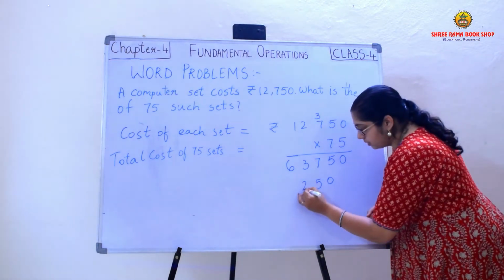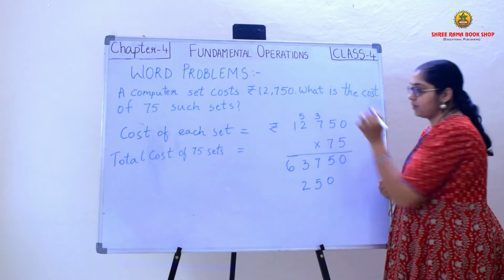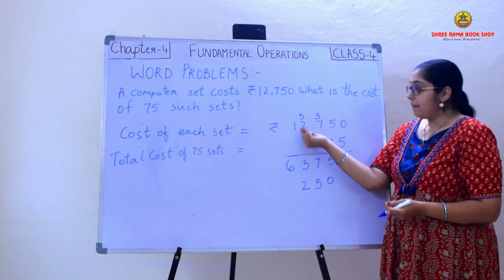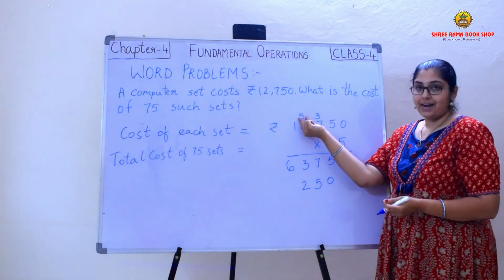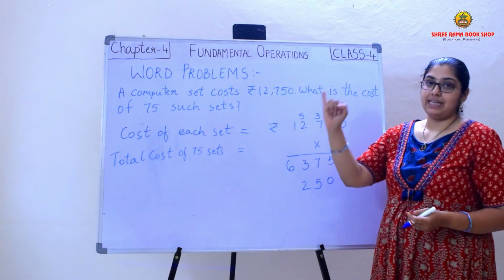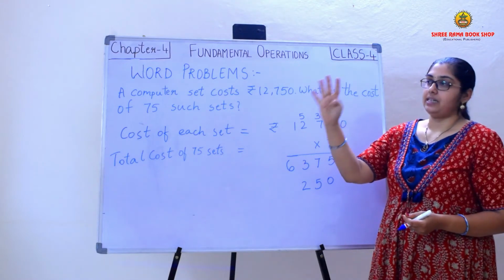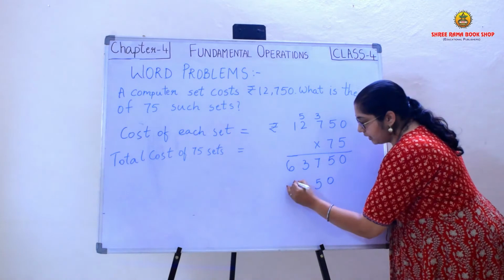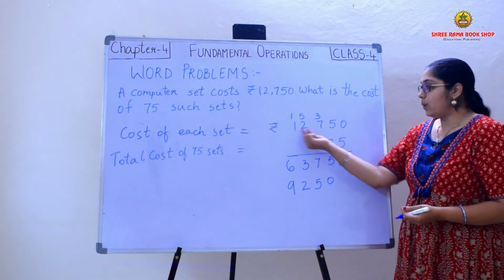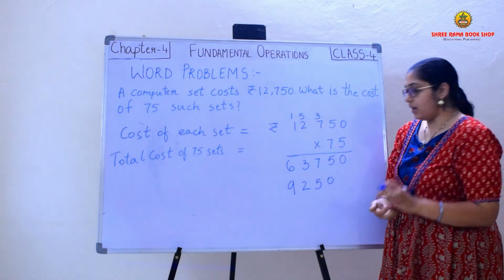So 2 over here and 5 I will carry over here. Now 7 into 2 is 14, plus 5. Always we need to add, right? So plus 5, after 14, 15, 16, 17, 18, 19. So 9 and 1 carry over here. Now 7 ones are 7, plus 1, 8.